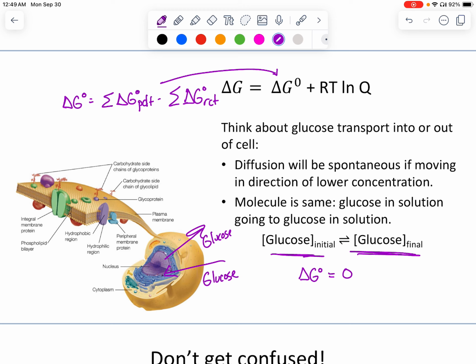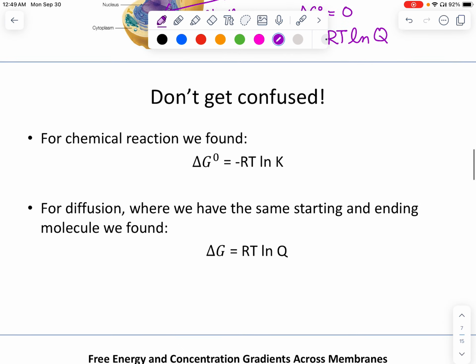So if we come back up here and plug in 0 for the standard Gibbs free energy change, we'll find the change in free energy is RT natural log of Q. Now you want to be careful. Don't get confused.